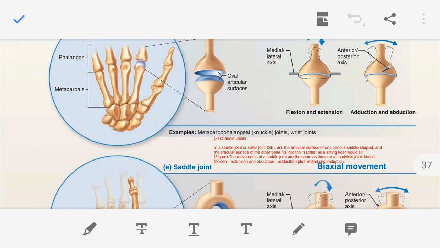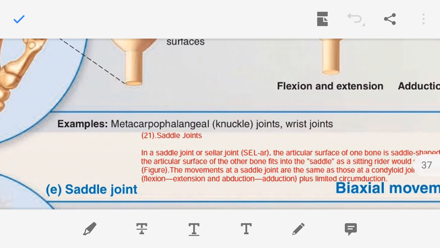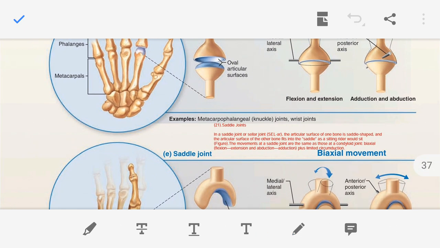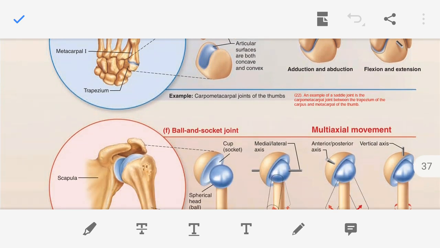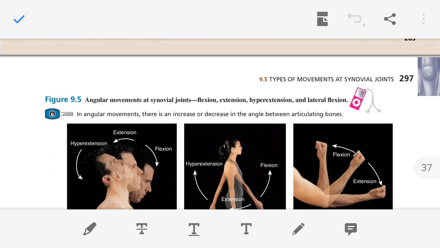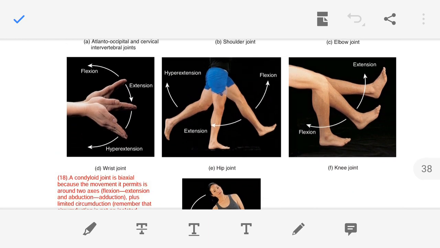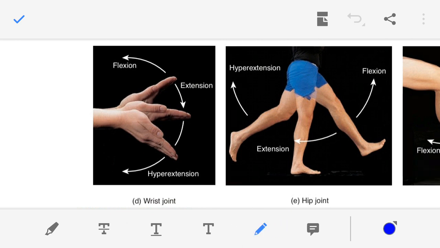Condylar joint examples: metacarpophalangeal knuckle joint and wrist joint. The wrist joint is shown in this figure, and you see the palm with the fingers.